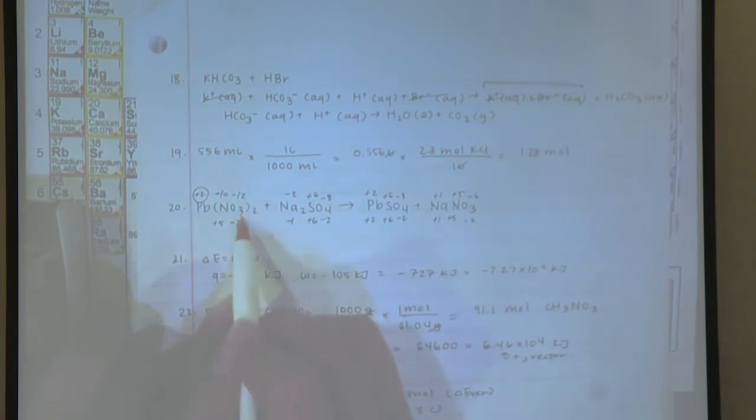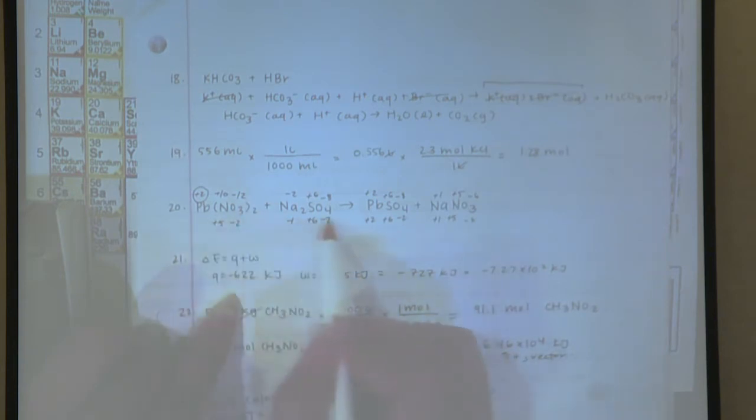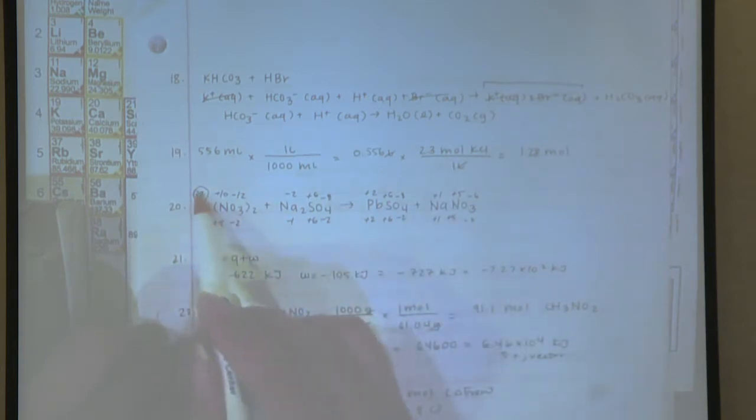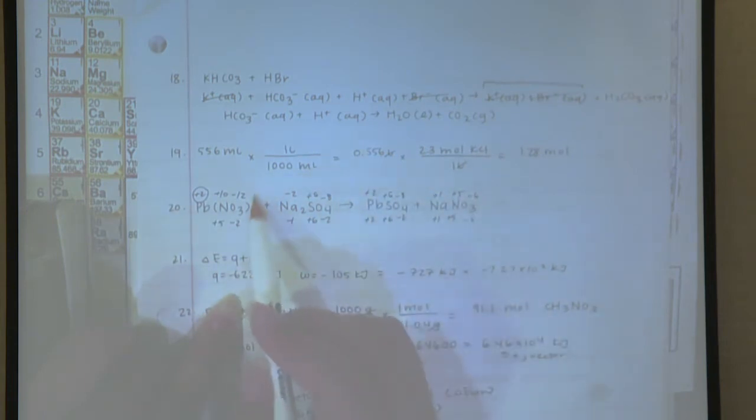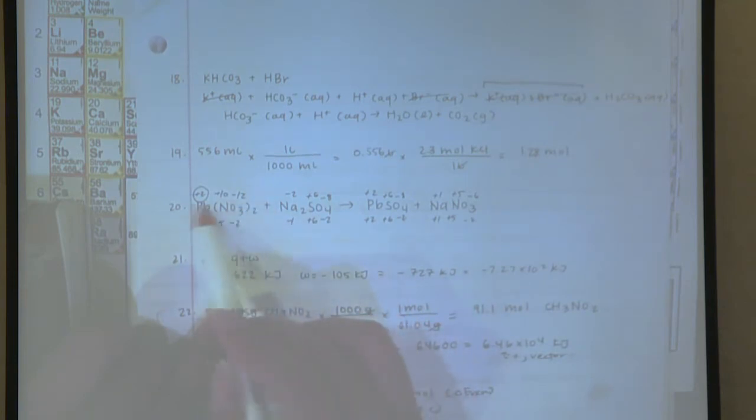But you have 3 oxygens, and then you have to multiply that by 2, right? You see how you actually have 6 looking at the subscripts here? So 2 times 6 is -12. So what I'm writing down here is the actual oxidation number for everything. What I'm writing up here is a check in order to make sure that all of my oxidation numbers add up to the overall charge. So because PbNO3 doesn't have a charge up here, all of these need to add up to be 0.